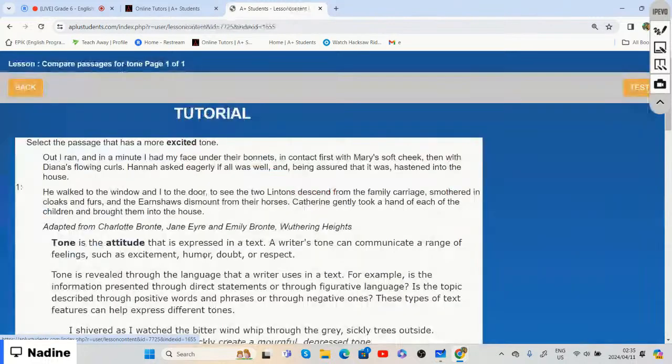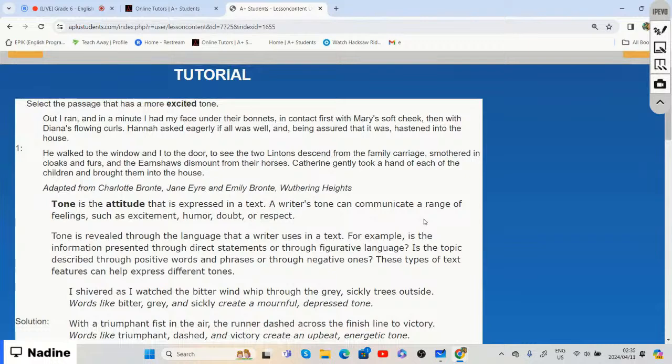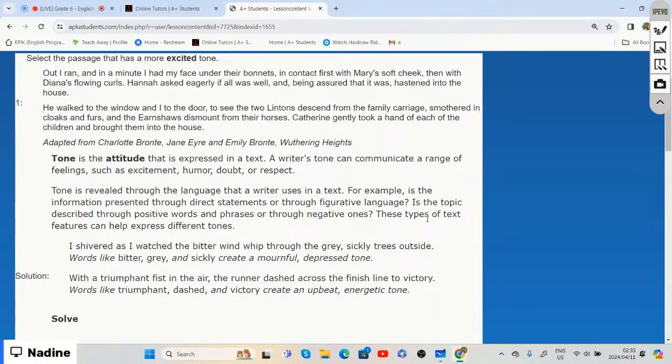All right, now we're going to compare passages for tone. When it comes to tone and attitude, tone is the attitude that is expressed within a text. A writer's tone can communicate a range of feelings such as excitement, humor, doubt, or respect, within a specific text. Tone is revealed through the language that the writer uses within a text.